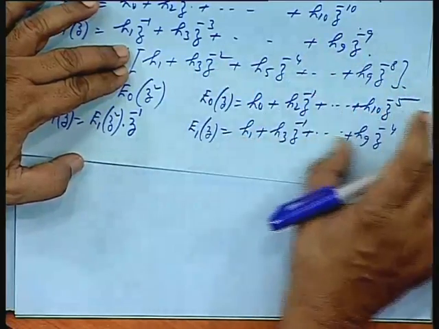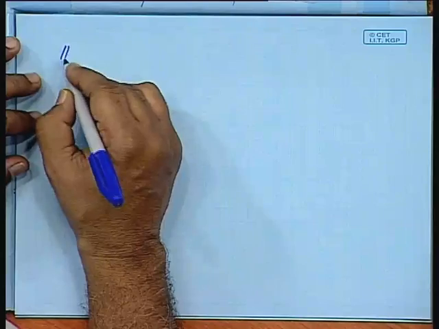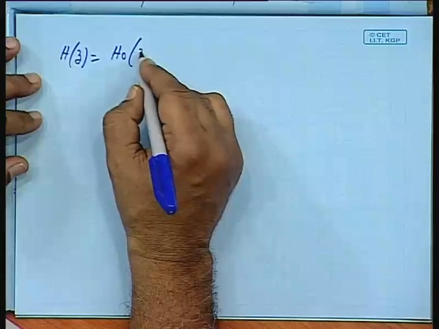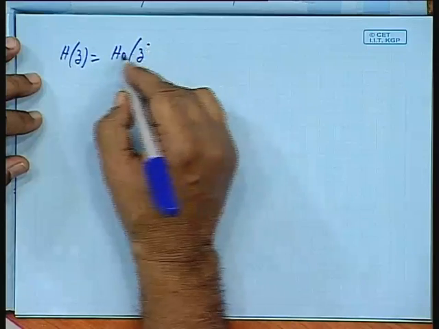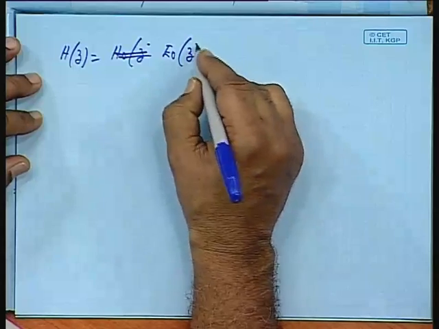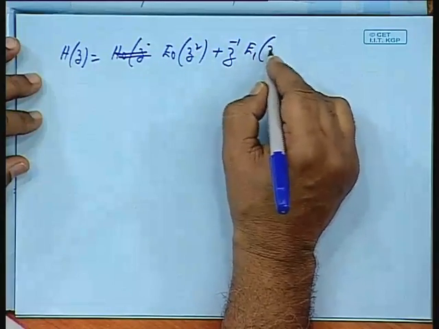So, E1(z) means this. Okay. So, H(z) can be written as E0(z squared) plus z inverse E1(z squared).